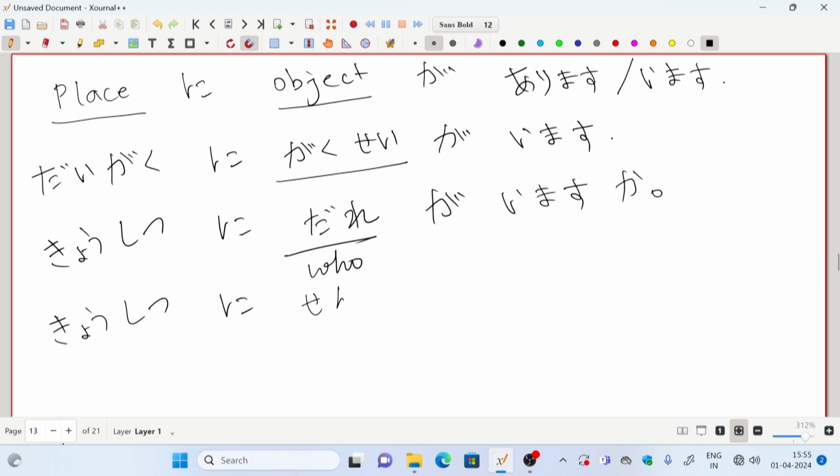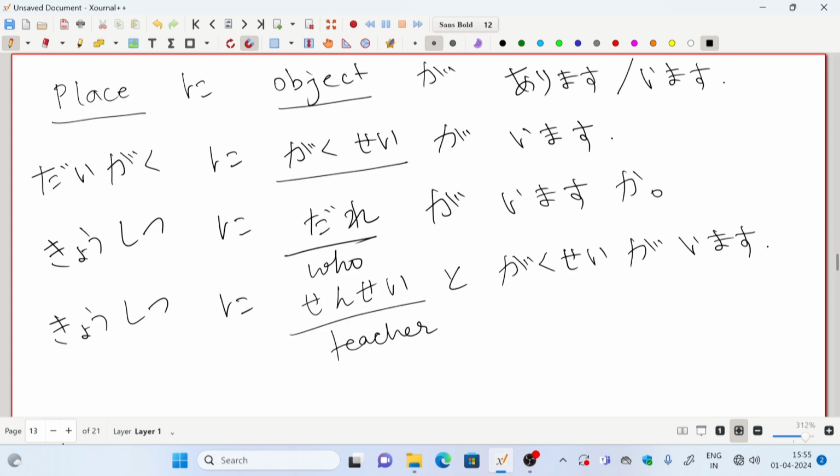Kyoshitsu ni sensei to gakusei ga imasu. So there is teacher and student in the classroom.